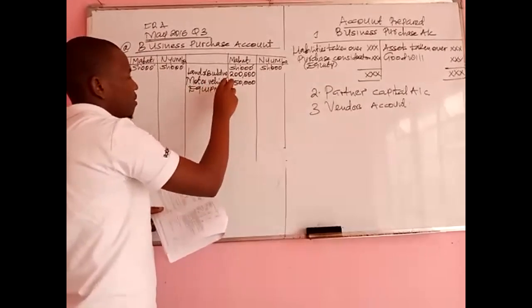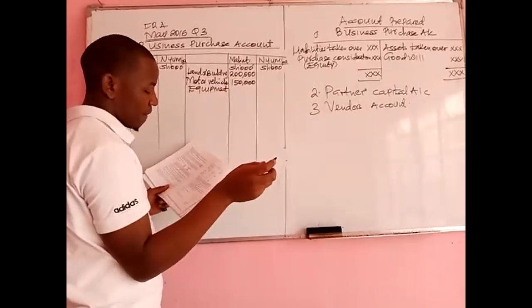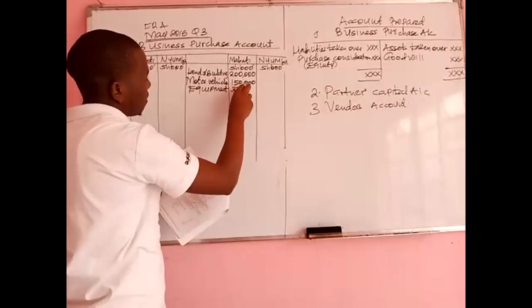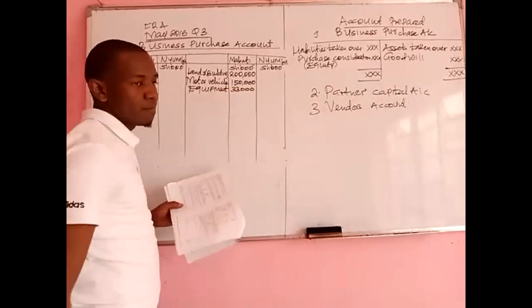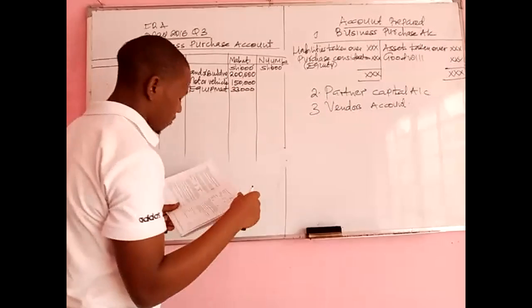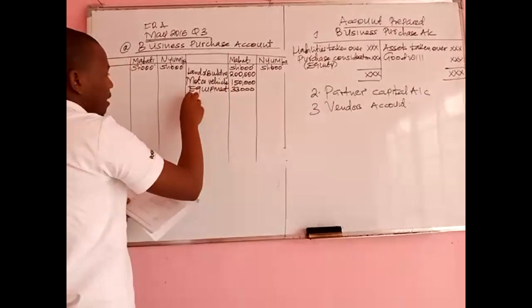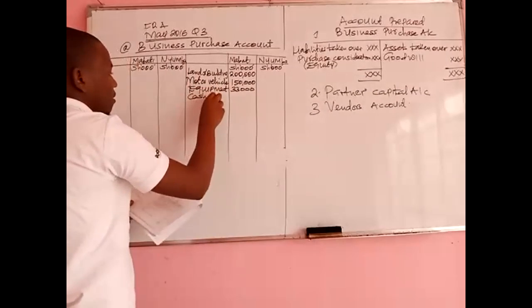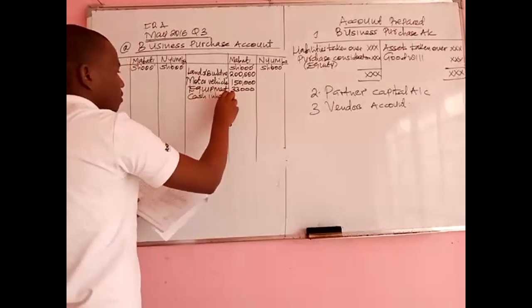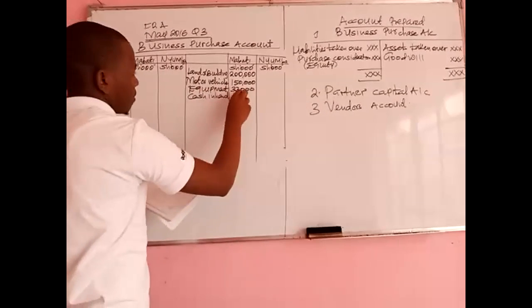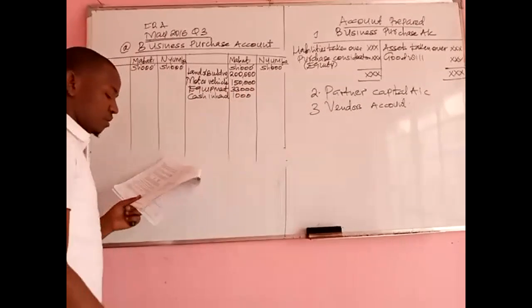And also the equipment, right? Yes. Equipment was 33,000. Go to the current assets. He also took the cash in hand, which was 1,000.